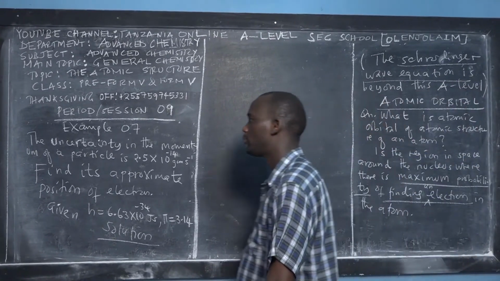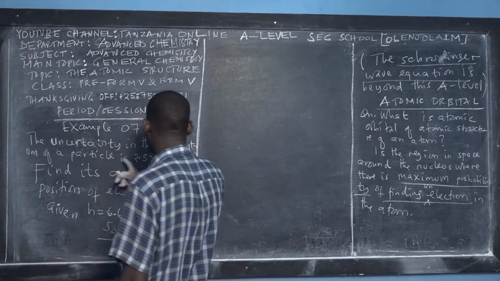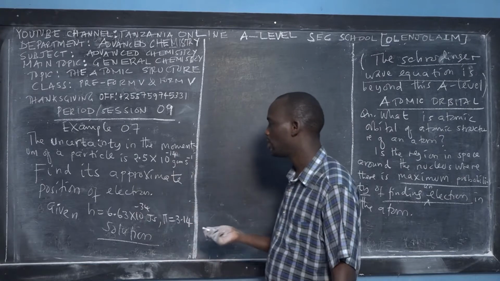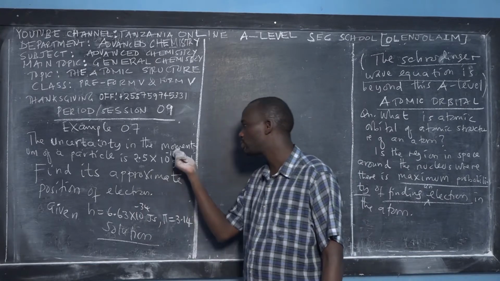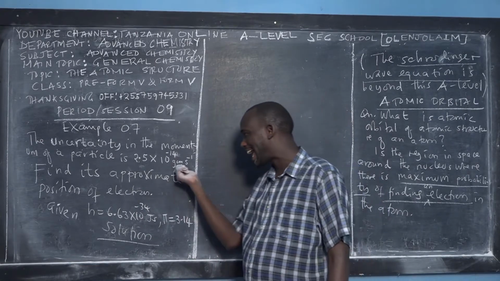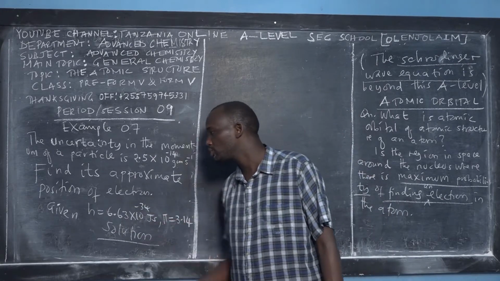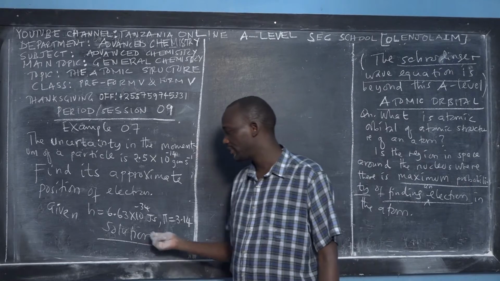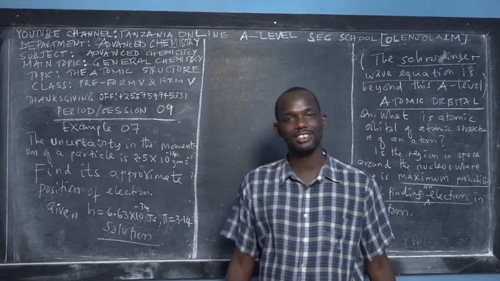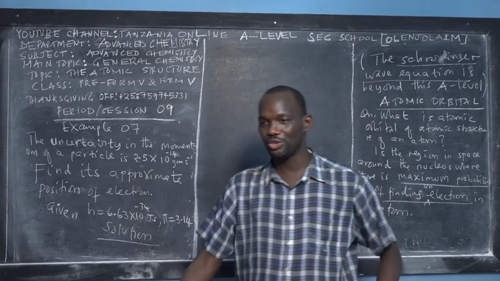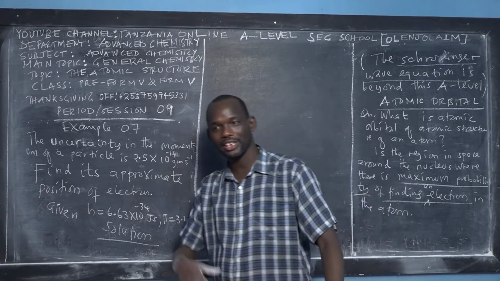So the uncertainty of the momentum of an electron is 2.5 exponent negative 14 gram centimeter per second. Find its approximate position. But the question didn't tell you whether to use Heisenberg, or Bohr's atomic model, or Planck's constant, or the Riemann equations.